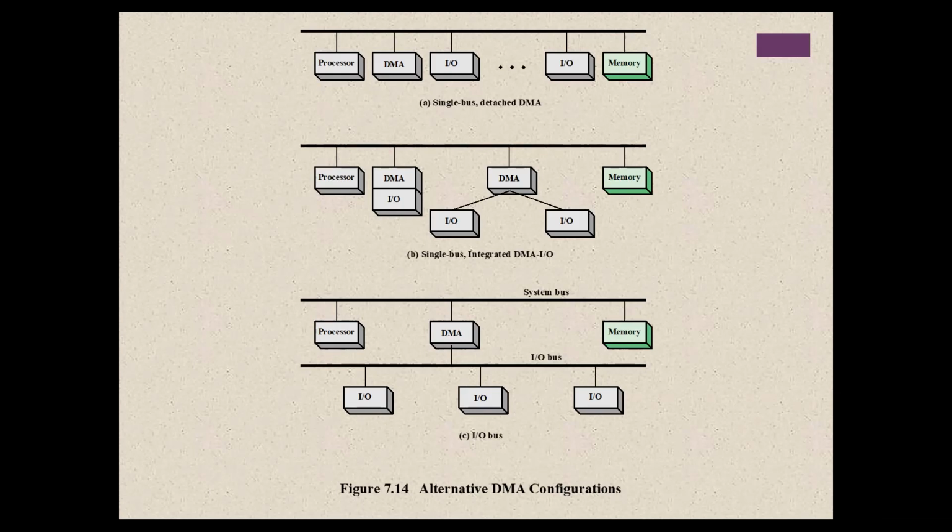So the number of required bus cycles can be cut substantially by integrating the DMA and the I/O functions as seen in figure B. So this is an integrated one, or it's connected to the DMA directly.